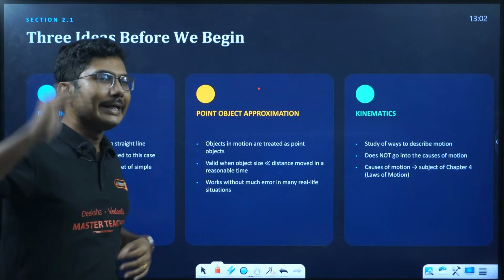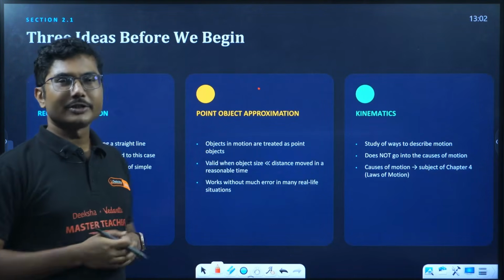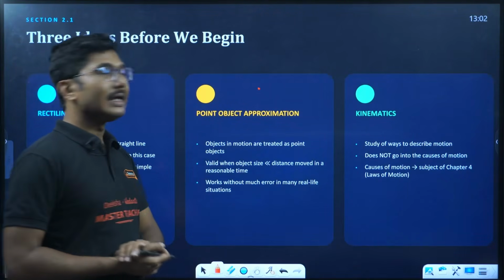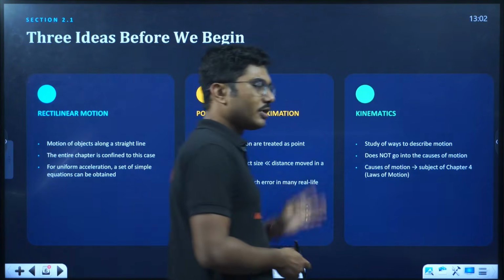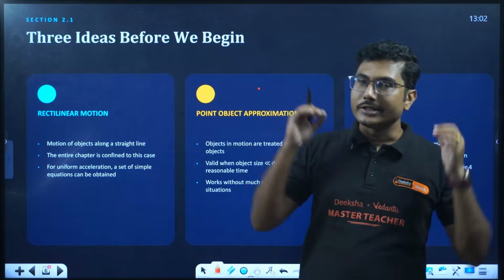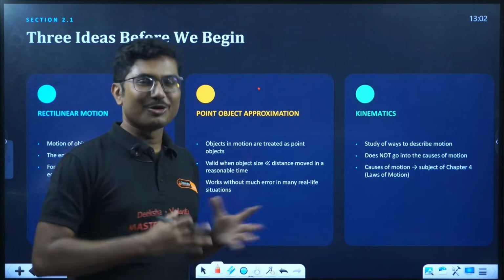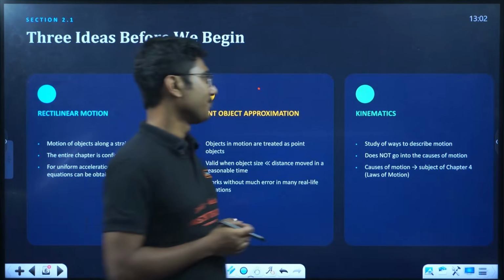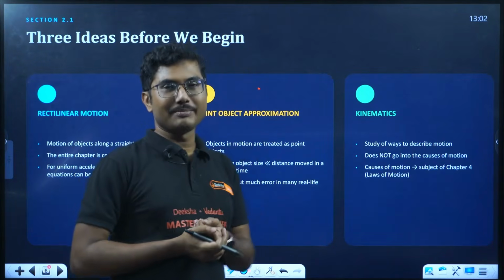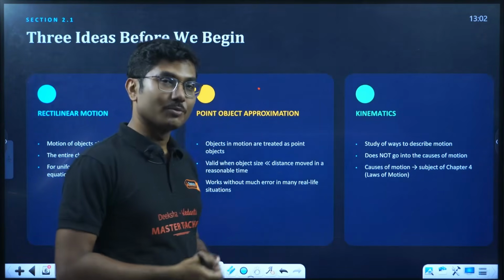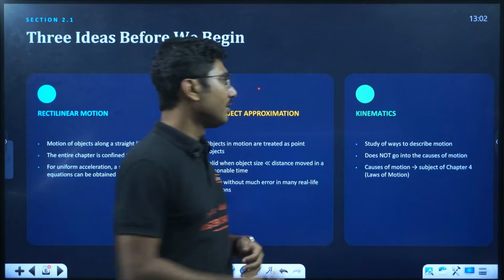I think 99.9% of the time this works perfectly, and in many real life situations as well. So the formulas and equations that we are going to use are valid even for non-point objects as long as the distance traveled is larger. And there is one more way that I mentioned; you will learn about it in our rotational motion chapter, later throughout the session.